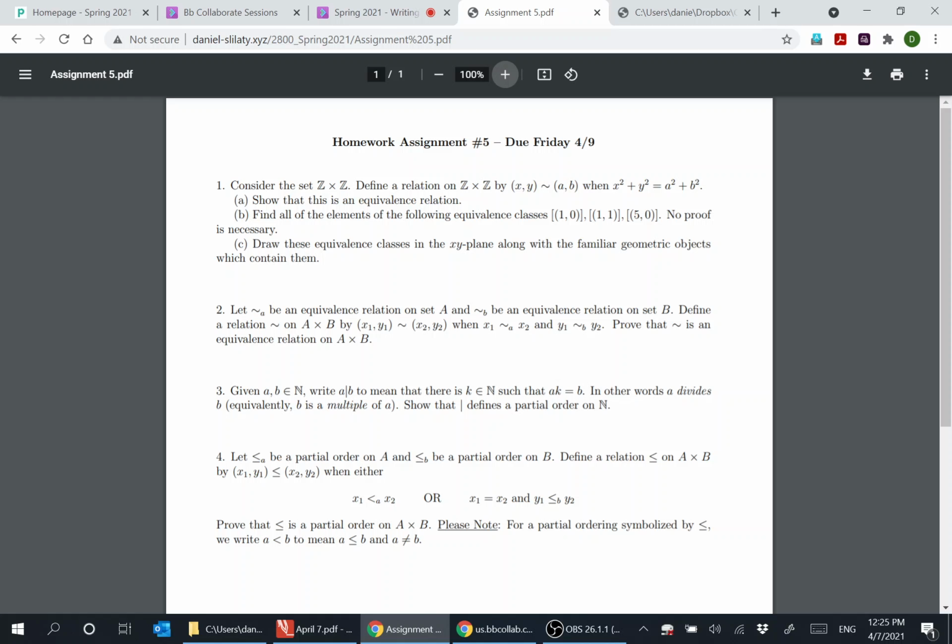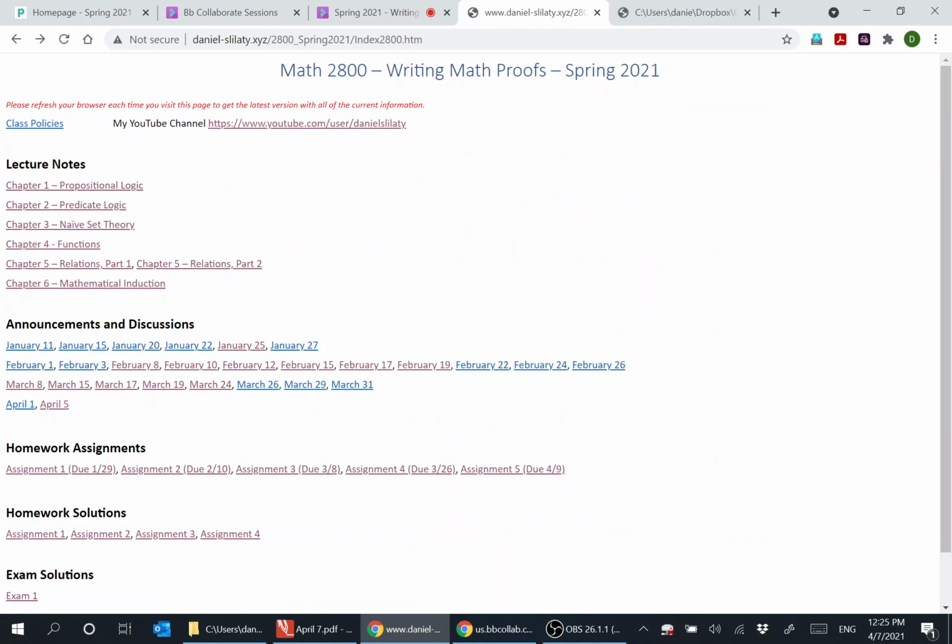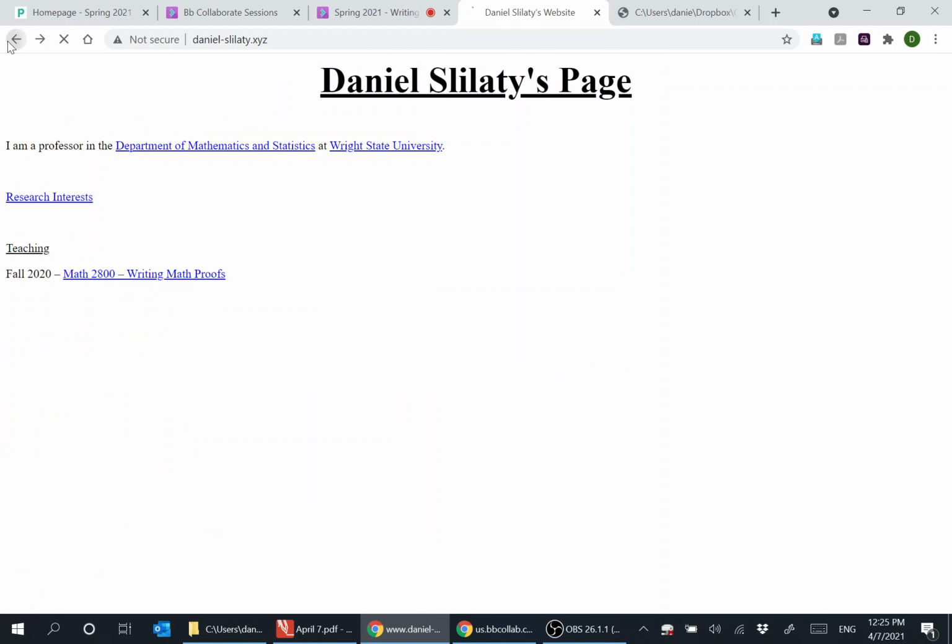So you have to consider both. If it's for this reason, then here's the proof. If it's for this reason, then here's the proof. Just like we've been doing all along with multiple cases. Let me show you what I mean.